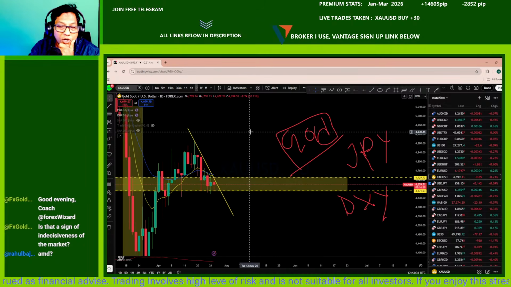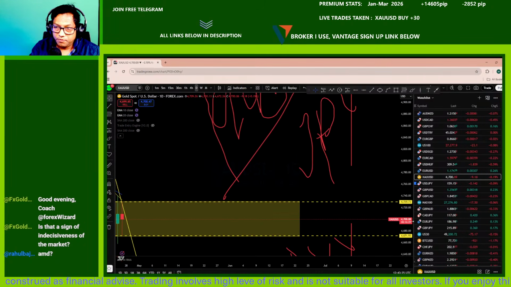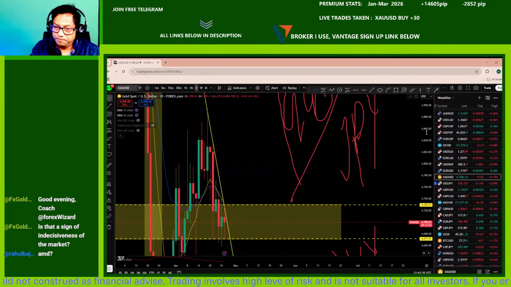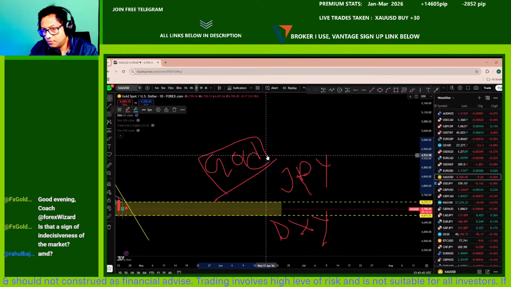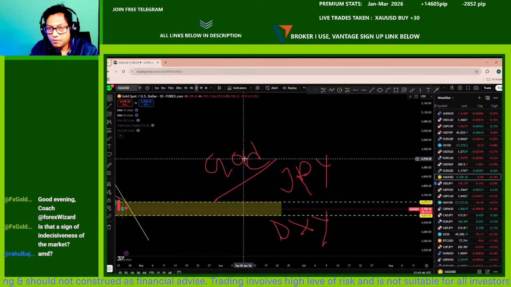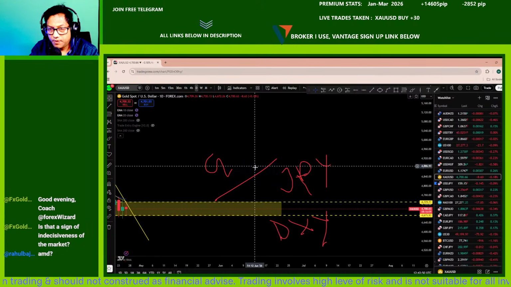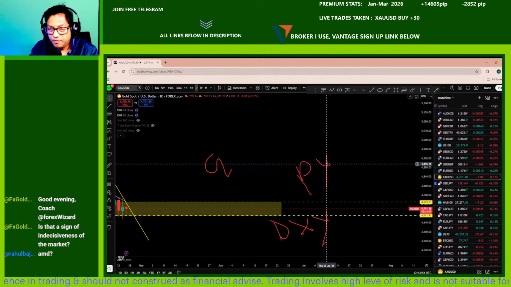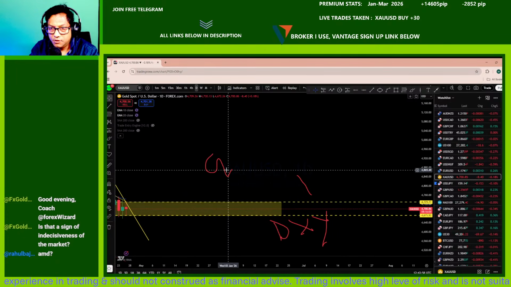Now, if you look at our previous trade that you have opened, I'd like to look at the previous trade here. Still those lines. Too many sketches might cause confusion.